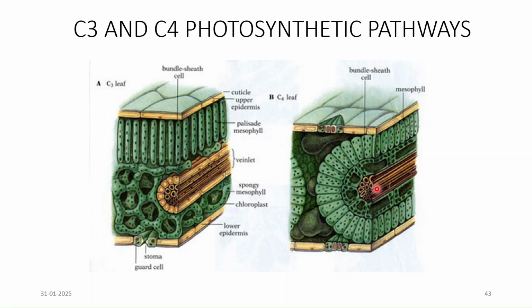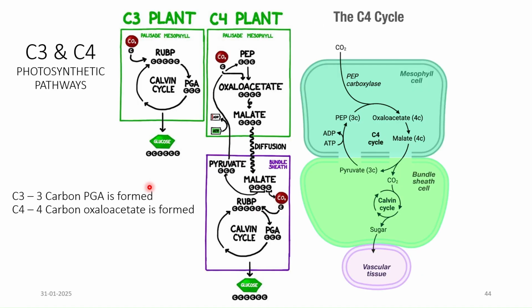But when you come here, we see the vascular bundle, and the bundle sheath, which has more pigments, that is, it is green in color, and we also see the mesophyll cells, which are stacked around the bundle sheath cell, unlike here where the palisade and the spongy mesophyll are in this form.